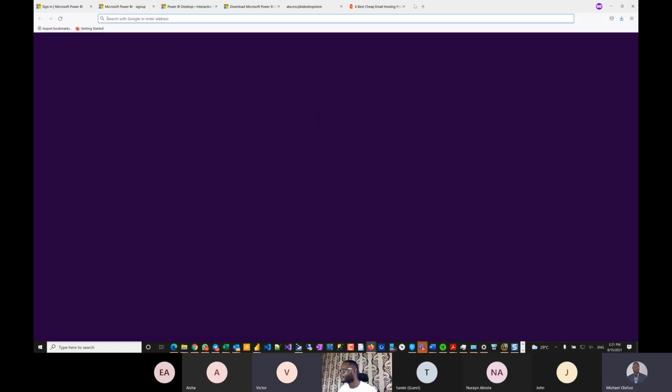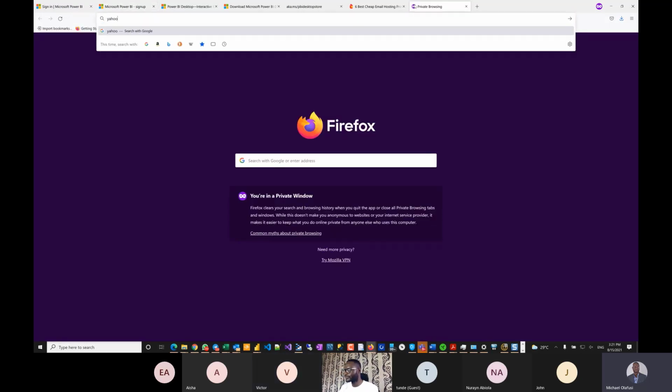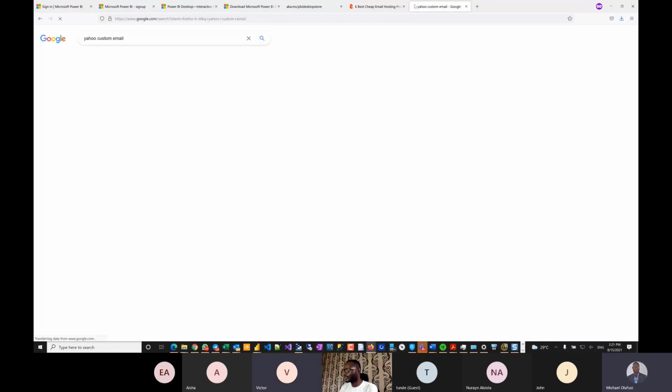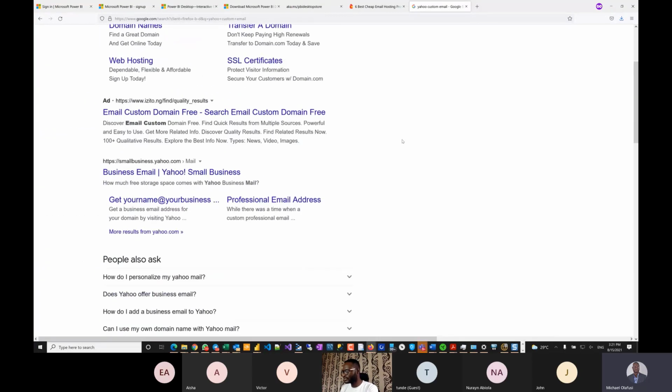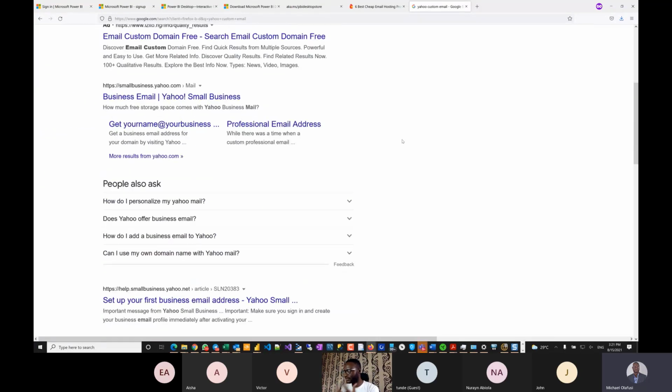Yahoo used to do one that is very cheap, like that $6 or $4. So if you do Yahoo custom email, they will give you a custom email address that will be forwarding to your normal Yahoo email address. There was a time I tried doing that one, but I didn't do it because I wanted something more. But that one was really cheap.